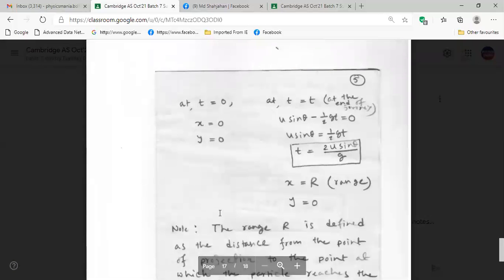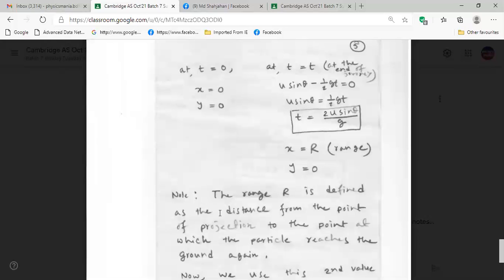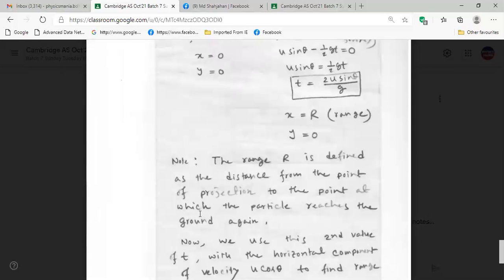Is it clear, Navid? Hasan, you have written? Yes, sir. Already you understood what is called range. Now also in words we have some description about range. So you write also this note. Navid, can you read this part? Note. The range R is defined as the distance from the point of projection to the point at which the particle reaches the ground again.